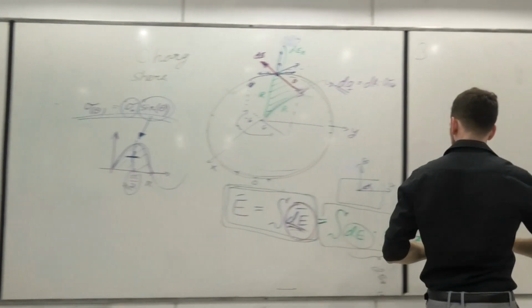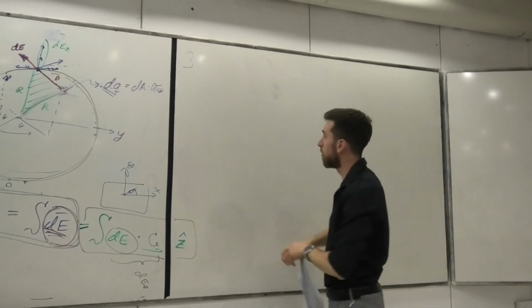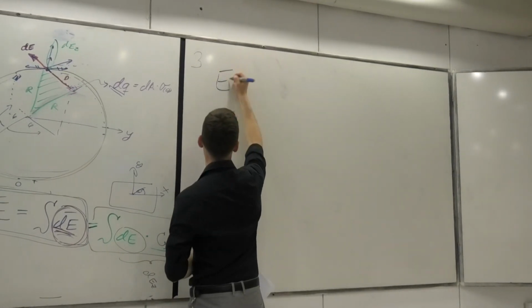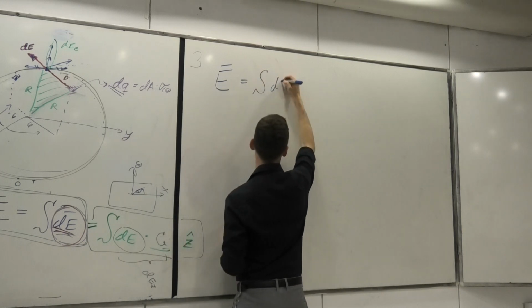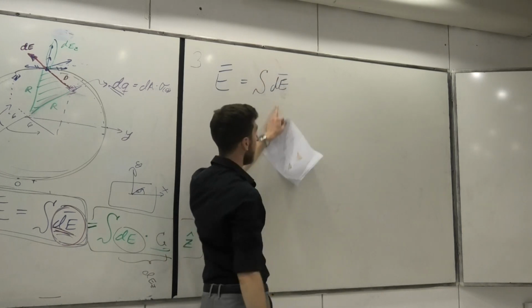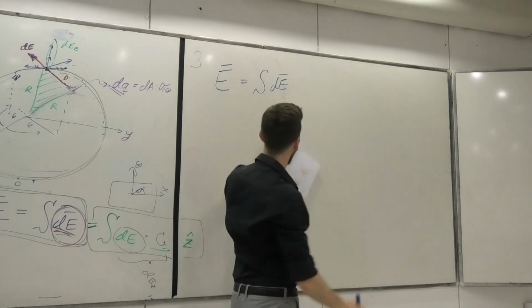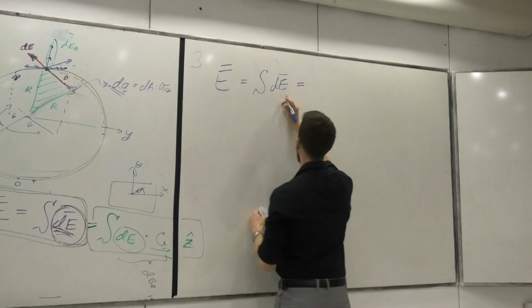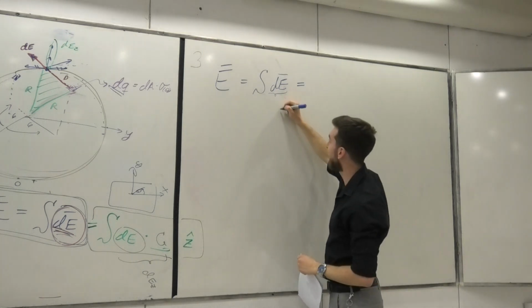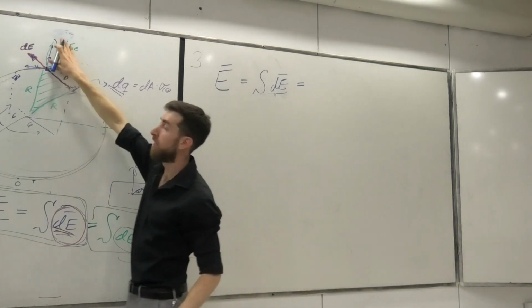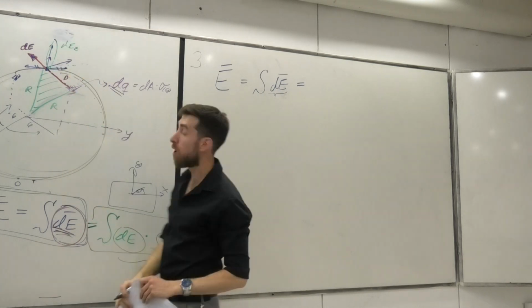Why do we need the distance d? Well, let's draw it. We have E, the electric field, which we don't know, but we know it's built from dE. We want to make this dE actually dEz, because we understand that only this component counts. What is dE?